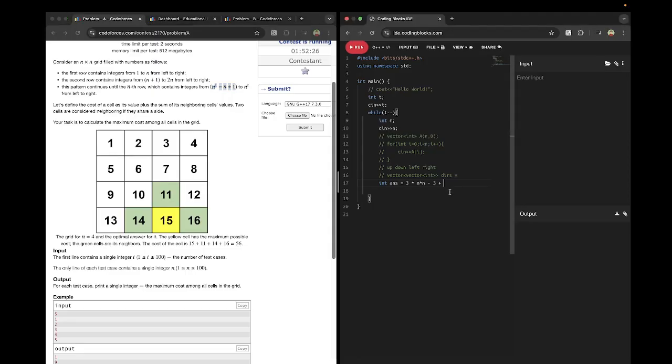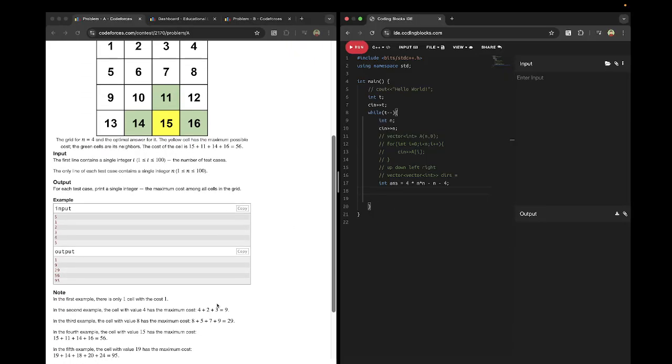So this should be plus n square another minus n minus 3, and then minus 1 another minus 4. This is my answer that I believe should be the correct output.